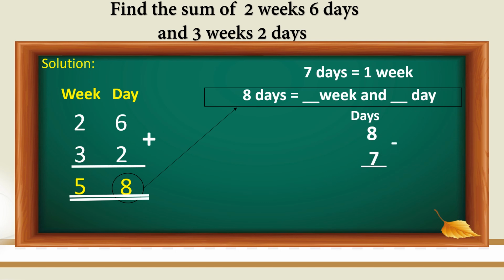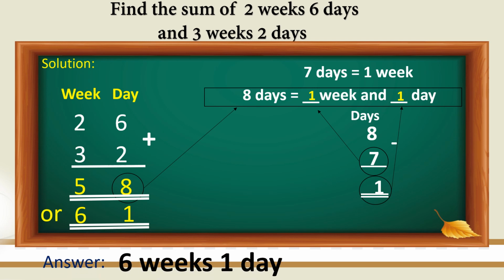So 8 minus 7 is equal to 1, and then this 7 represent as 1 week, and then this 1 represent as 1 day. So 8 minus 7, again, that is 1 day. And then the 1 week plus 5 weeks, we have 6 weeks. So the final answer, we have 6 weeks and 1 day.